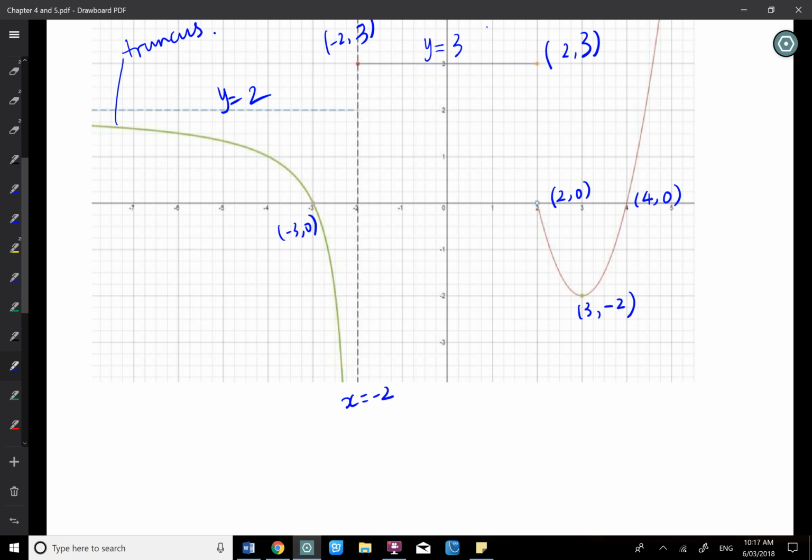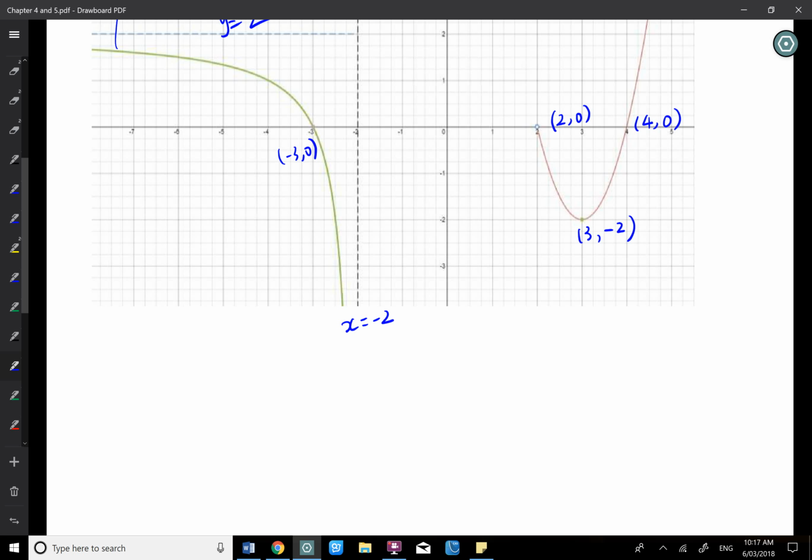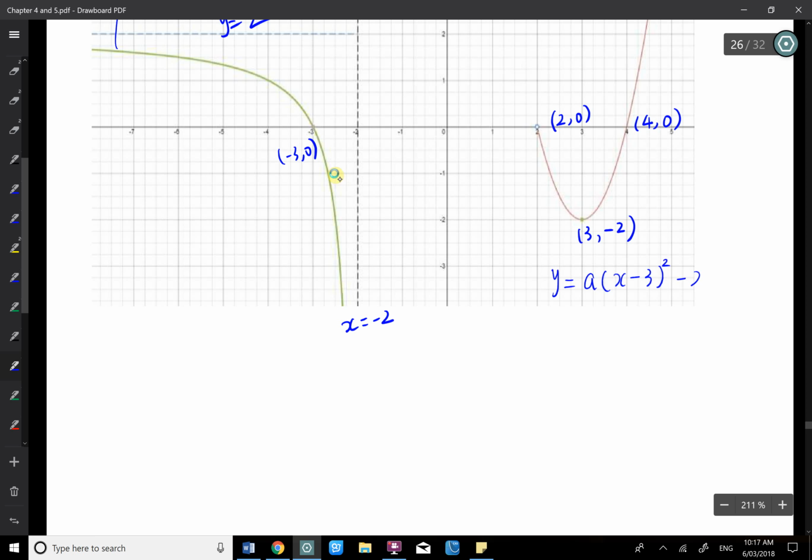It will be the same level of difficulty whether you solve by turning point form or x-intercept form, but when you get the final form, the turning point form can be more helpful. So I'll use the turning point form here. Therefore, we will have y = a(x - 3)^2 - 2.